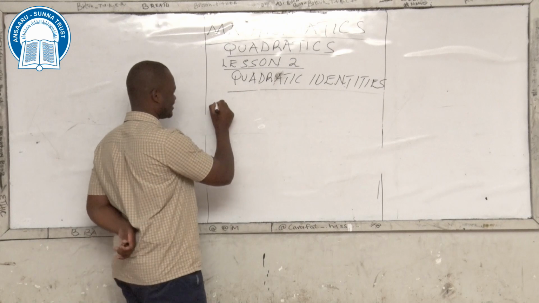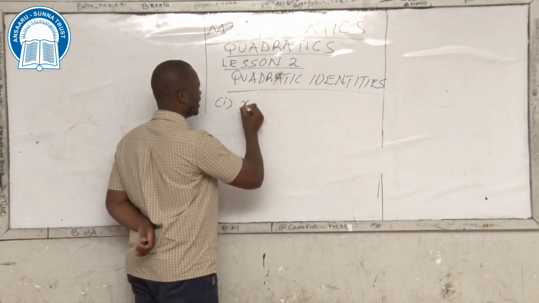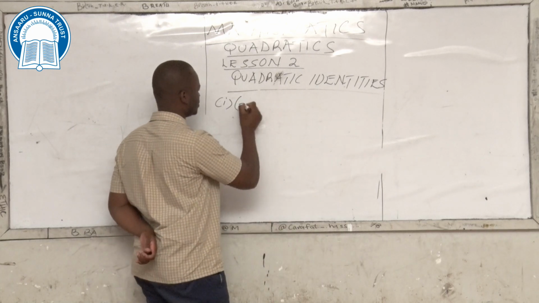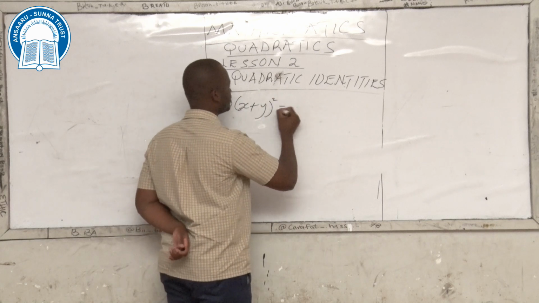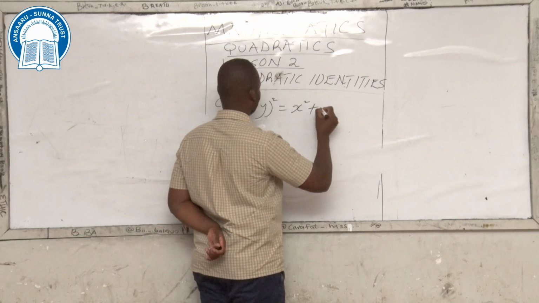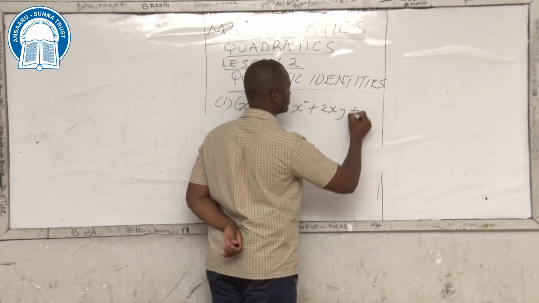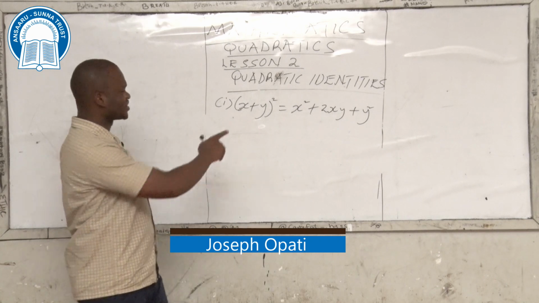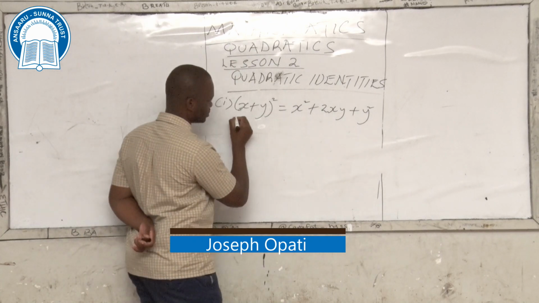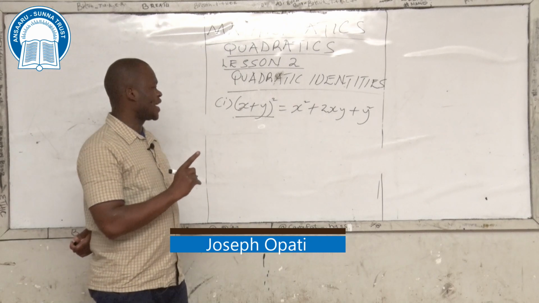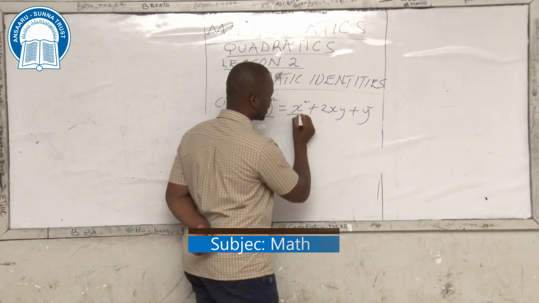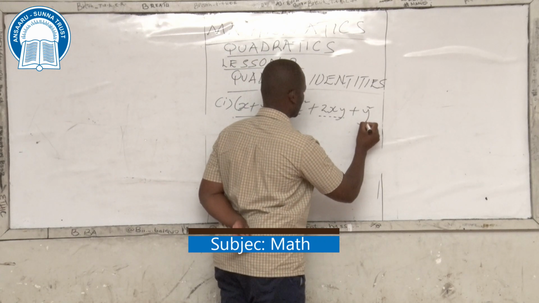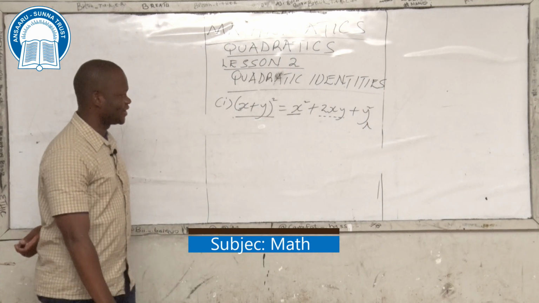So, we are discussing the first identity given by x plus y squared, which will give you that. So whenever you have such an expansion, your outcome will have 3 terms. The first term, the second term, and we can say our third term there.